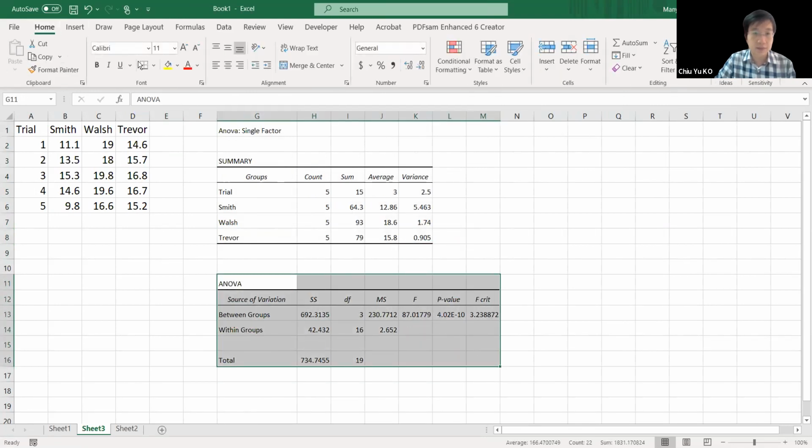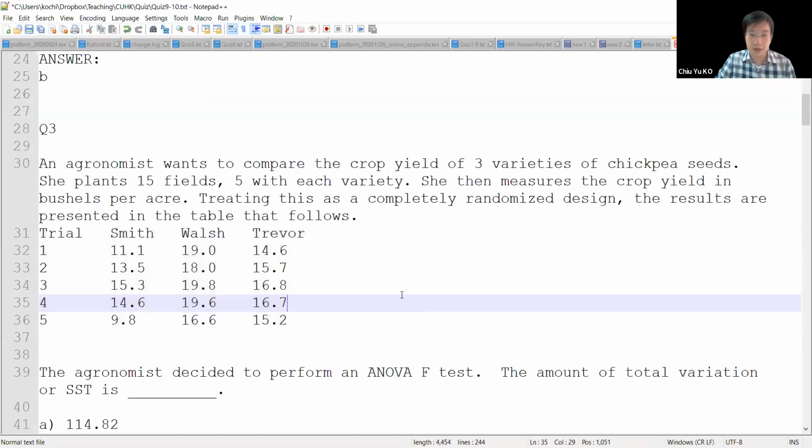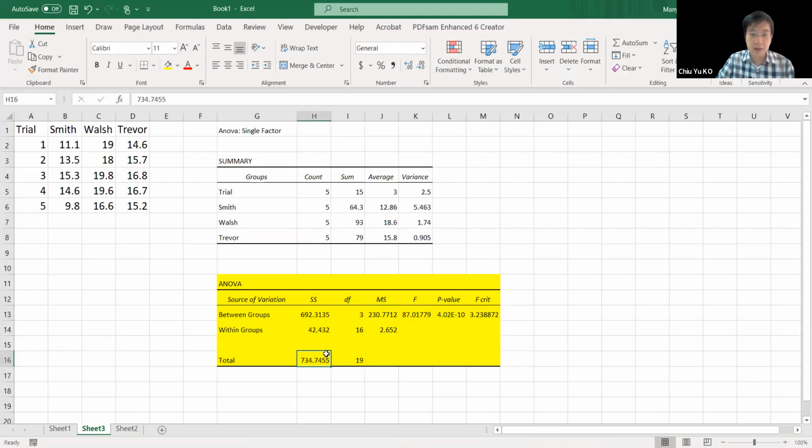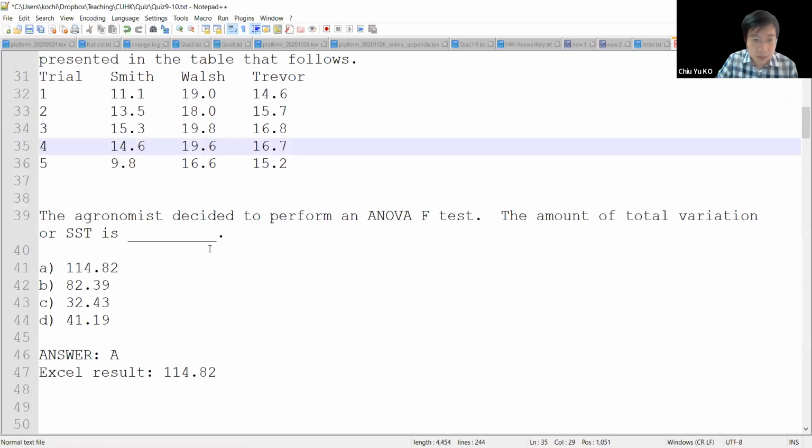You can see, this is very important, so you will be able to infer. This is SSA, this is SSW, SST, degrees of freedom, MS. So look at the question again. How do we calculate SST? SST will be this number, 700. Let me see why.